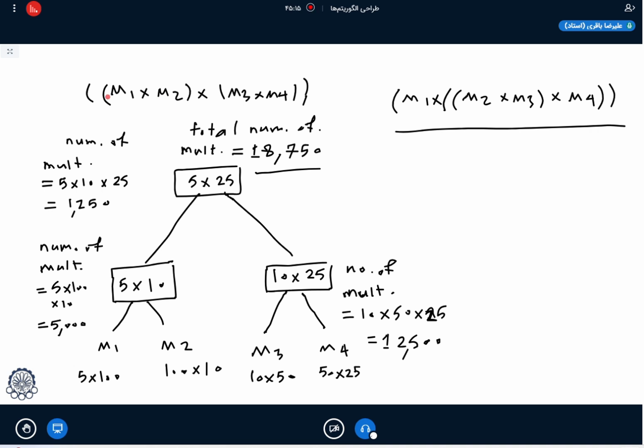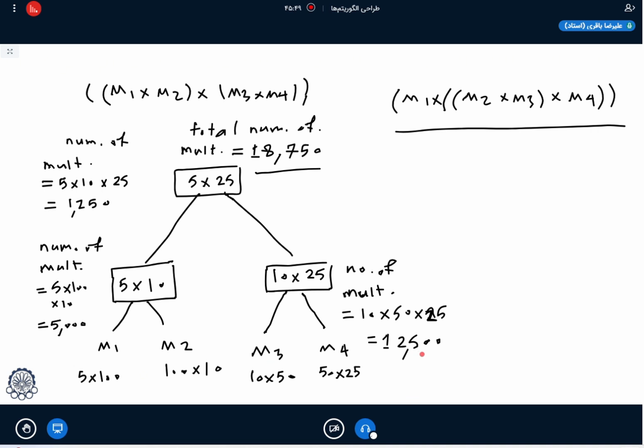In the left side, we multiply M1 by M2, then M3 by M4, and the results are multiplied by each other. In the right side, at first we multiply M2 and M3, then it is multiplied by M4, and the result is multiplied by M1. We are going to compute how many multiplications are done in these two different parentheses.